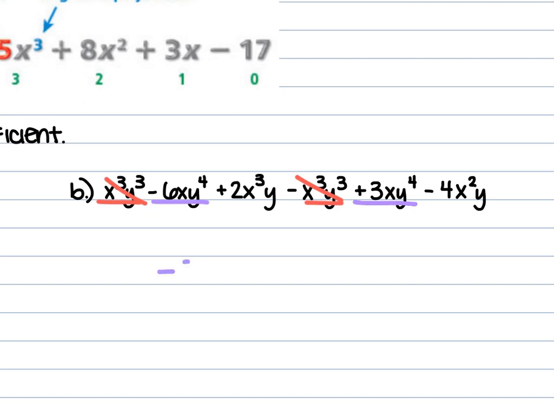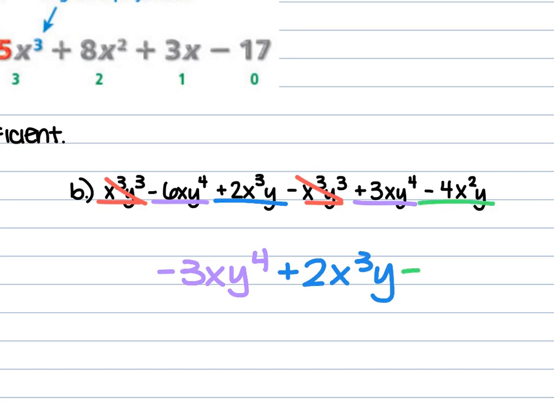This is going to give us negative 3xy to the fourth. Then we have that 2x cubed y, which is not a like term with the xy to the fourth. That x cubed y has a lower degree, so that's going to go next. And then lastly, you have that minus 4x squared y.